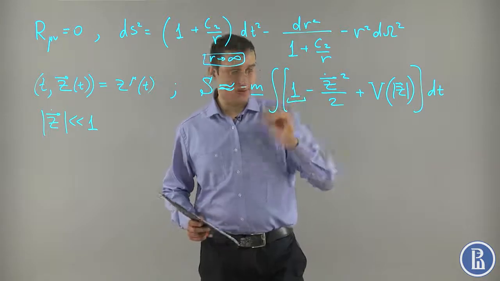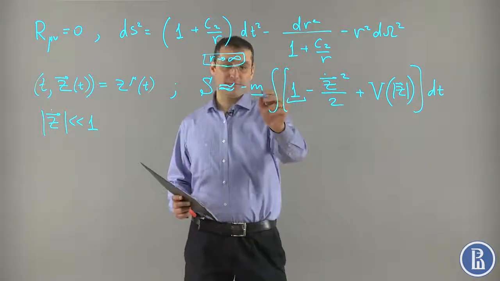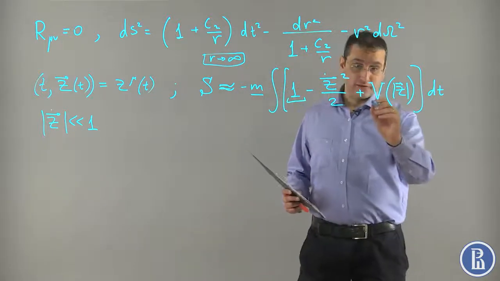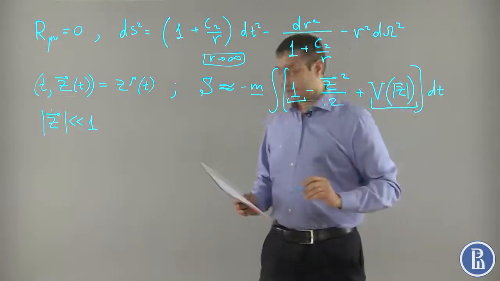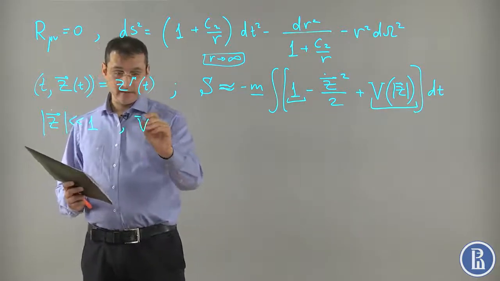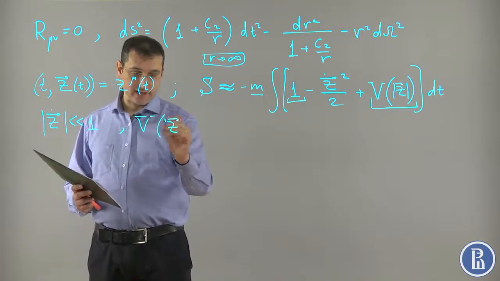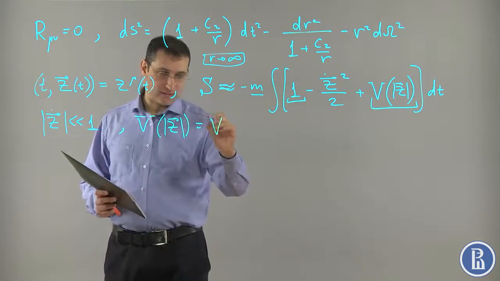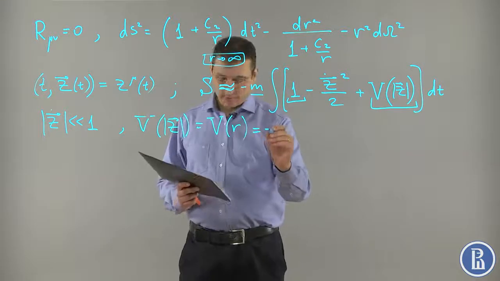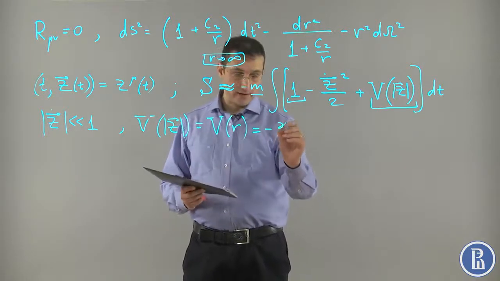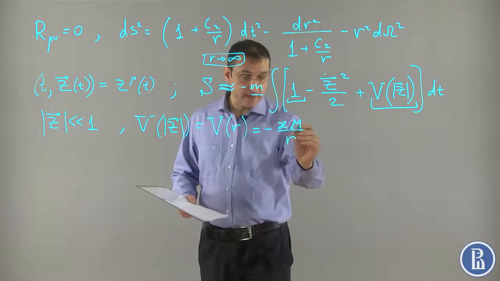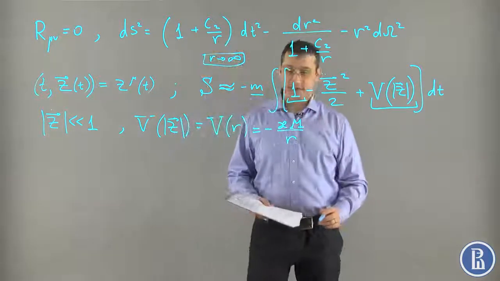Approximation because this term contains the trivial contribution. And this guy is nothing but the Newton potential. It means that V, a function of z, which is the same as V as a function of r, is the Newton potential minus kappa m over r, where m is the mass of the gravitating center.